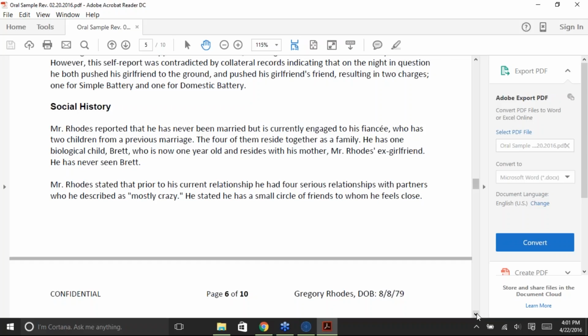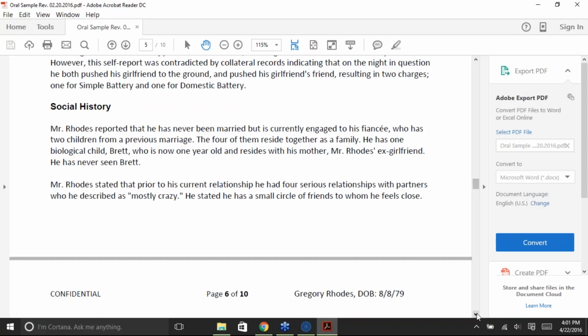What does that mean? That basically means I'm trying to make myself look wonderful. So I'm going to minimize things. I'm going to underreport. I'm going to leave some details out that could cast me in a negative light. That's very common when you are dealing with cases that are connected to child custody.